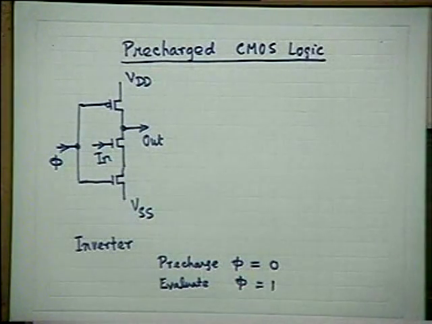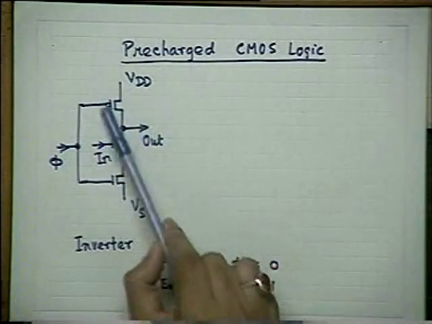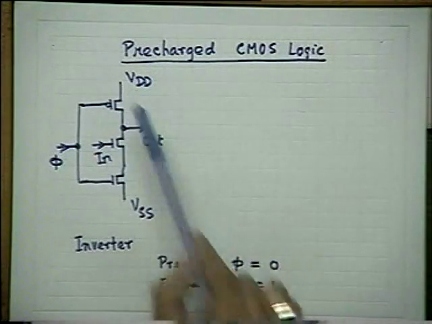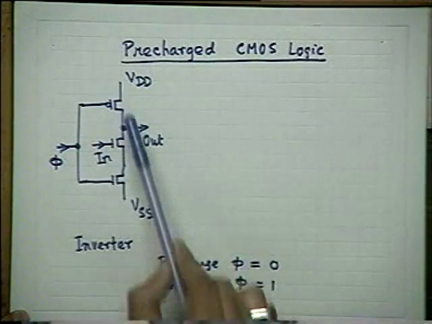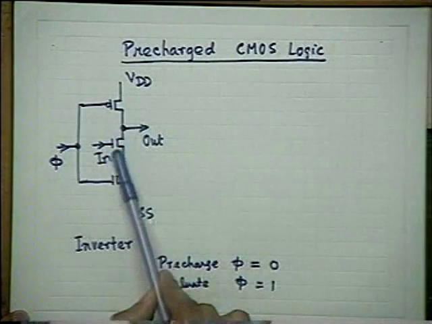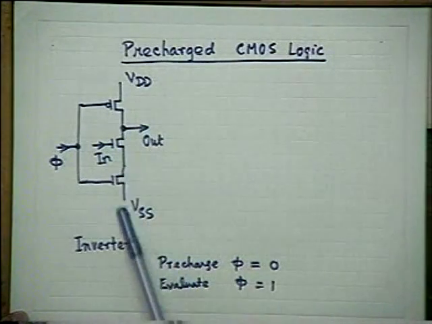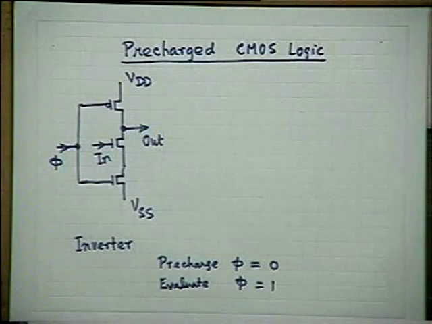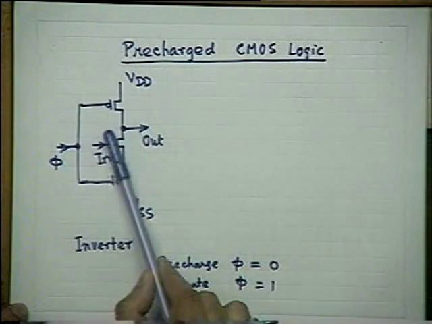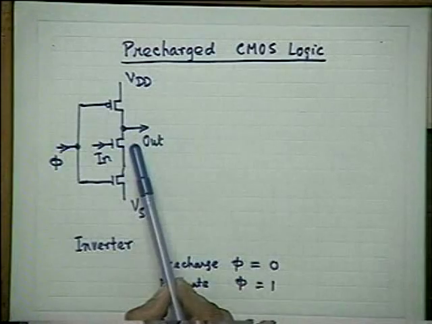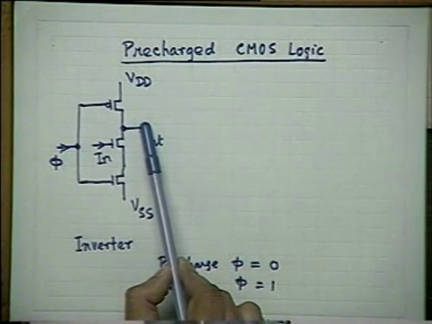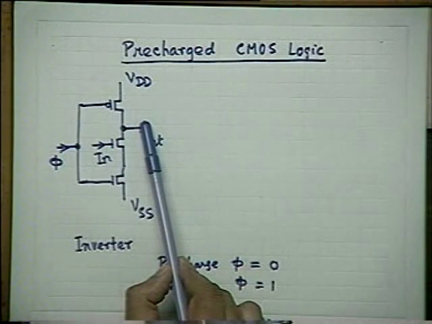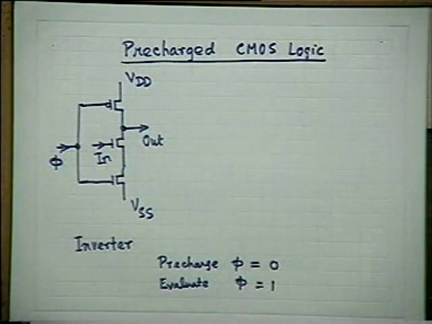Then in the evaluate phase, the power supply is decoupled because this transistor gets off. Phi is 1 means this is off, this is on. Whatever happened here, because this is a ground path, that will be reflected at the output in the inverted form. If you have combined them in the switching mode to produce a function f, you will get f inverse here. And that is what is called the evaluate phase.